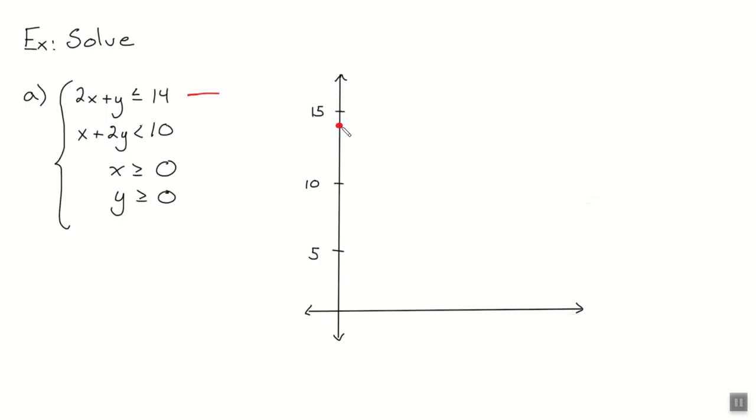On the very top equation. So pretend that this is an equal sign right here, and if x is 0, what would y be equal to? Boom. Here's the point 0, 14. That's all we did. When y is 0, what is x going to be if it's equal to 14? 7. Everybody okay with that?